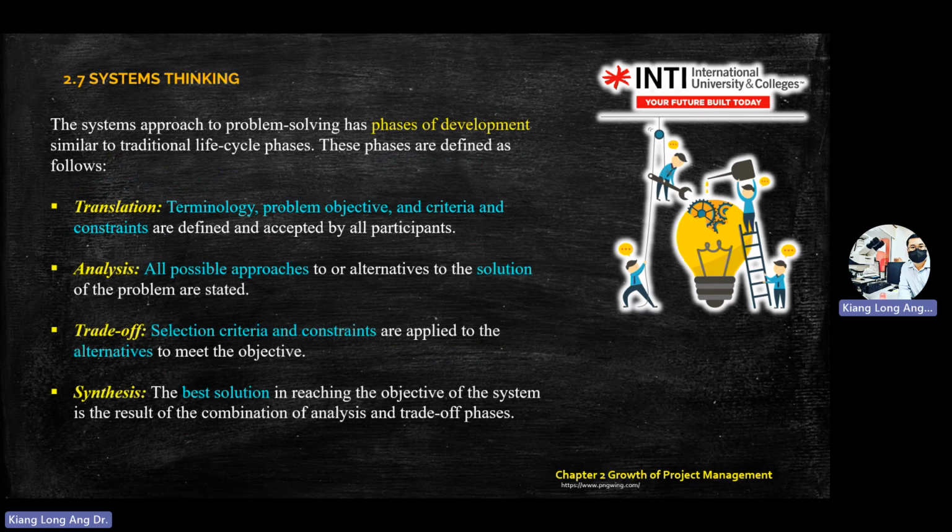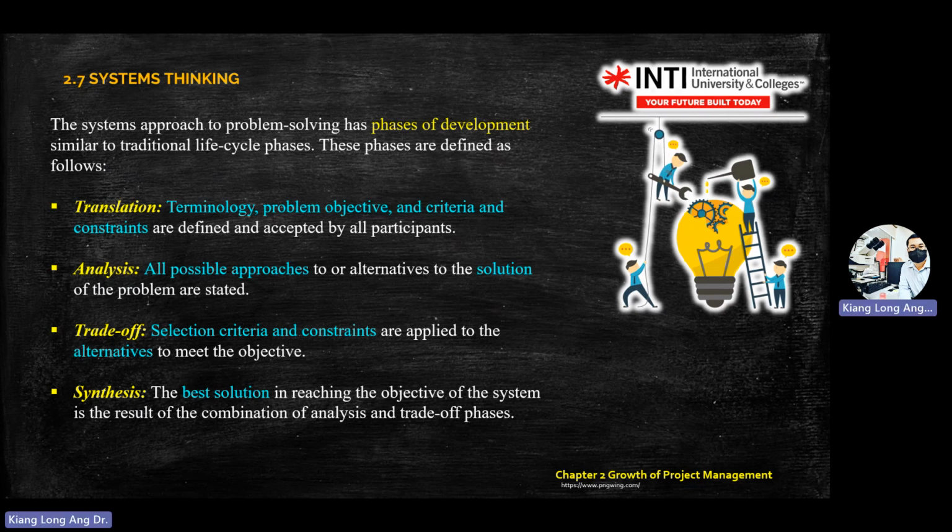Again, system thinking also has phases in the problem solving. It has phases of development similar to the life cycle phases. The phases are defined as follows. So when you read a question, don't confuse life cycle phases with system thinking phases.